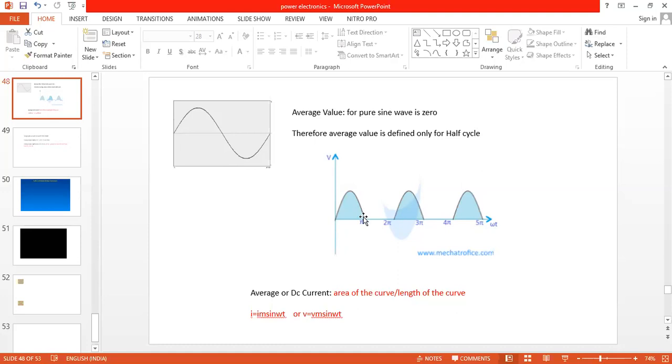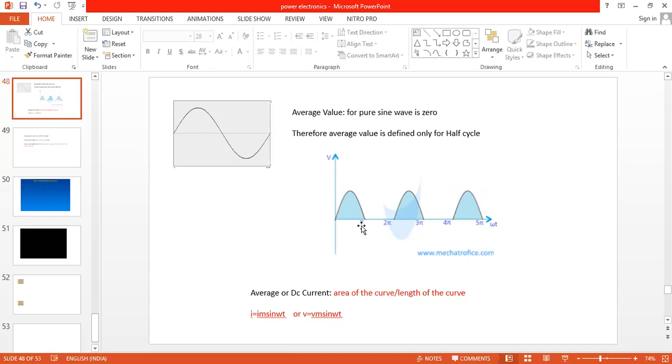So what is the formula for average current or average value? The formula is area of the curve by length of the curve. This is the curve here. So what is the length of this simple half cycle? It is from 0 to pi. So area of the curve by length of the curve. What is the name of this signal? Voltage. Voltage formula: V is equal to Vm sin omega t.